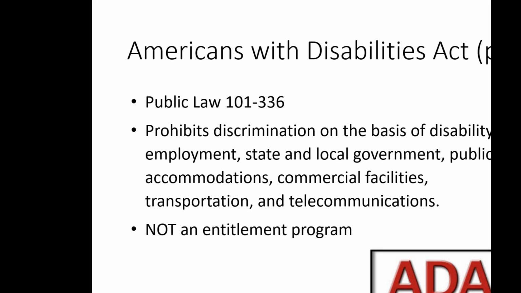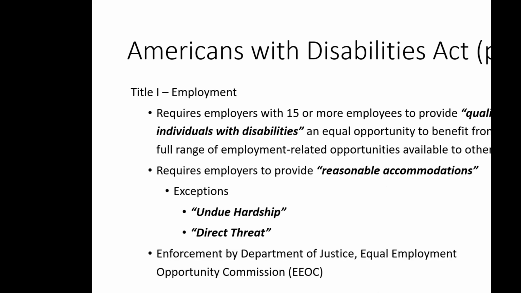And then another huge piece of legislation for us is this ADA. Remember I mentioned there's a couple of main parts in the ADA that are important to us. The first is all companies with 15 or more employees.